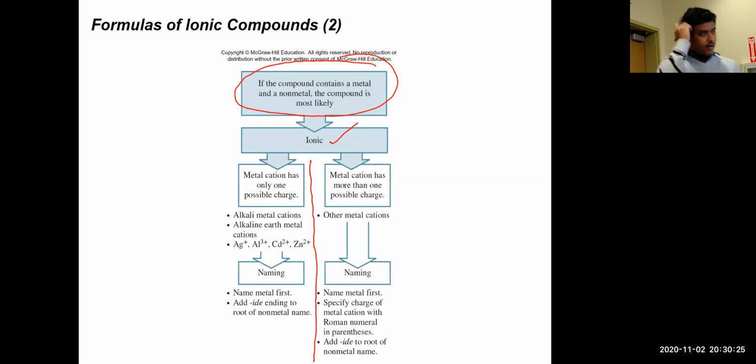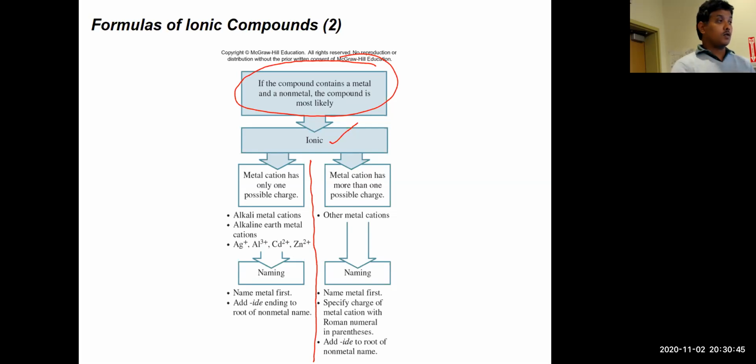Once you know that you have an ionic compound, your next goal is to identify whether your life is going to be easy or hard by looking at which type of metal you have. Do you have a metal from group 1, 2, 3 or any other metal?